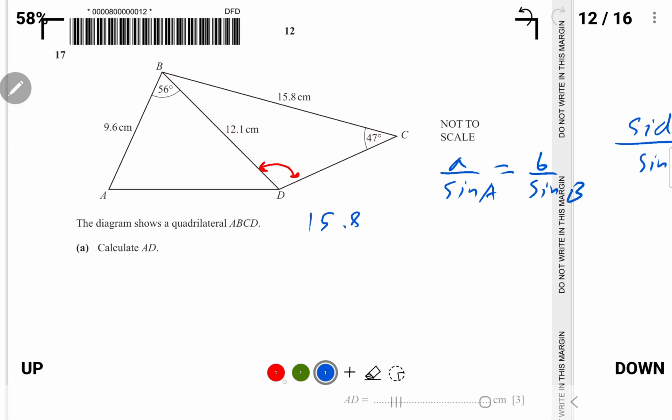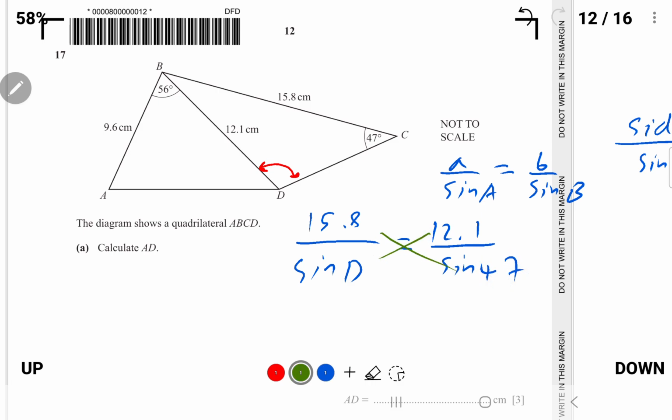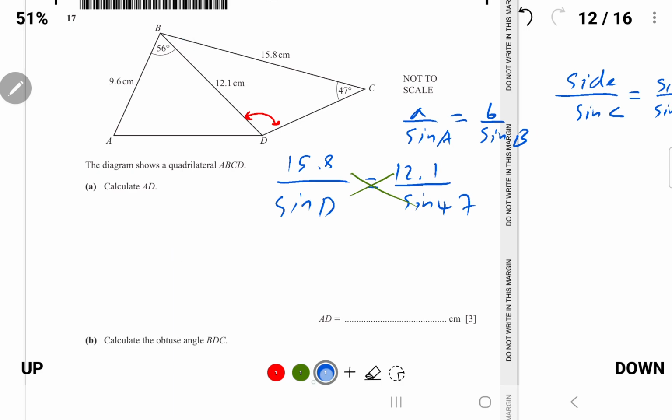So in this case, we're gonna divide 15.8 divided by sine D, that's what you have to find, is equal to 12.1 divided by sine 47. Now to find angle D, we cross multiply this equation. So you get 12.1 times sine D is equal to 15.8 times sine 47.